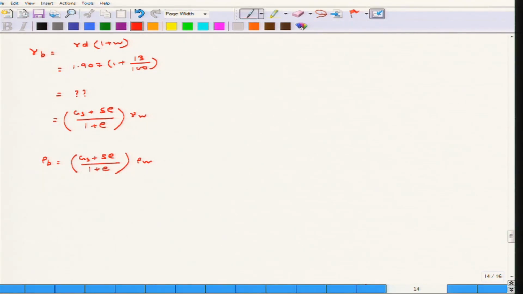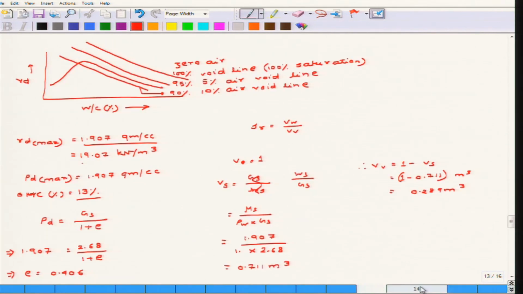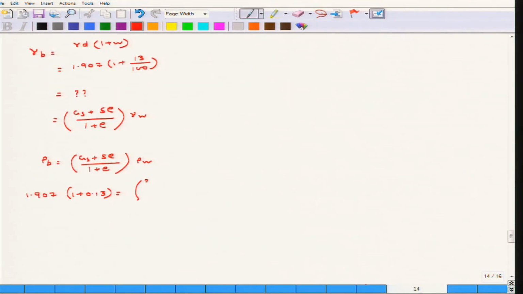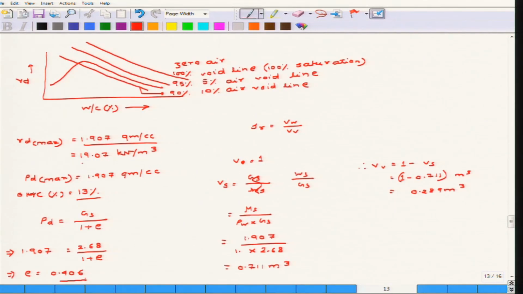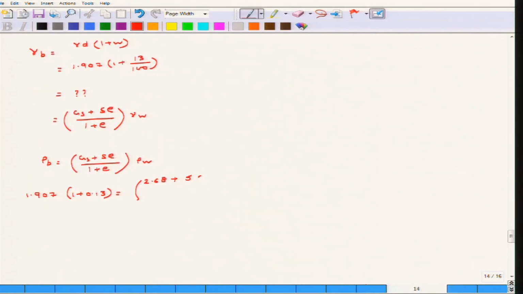Now, rho bulk is already known to us, rho bulk is 1.907 into 1 plus 0.13, and this Gs is 2.68. So, 2.68 plus Se, where e is known at that point, which we have calculated as 0.406, so 1 plus 0.406, and density of water is known to us as 1 gram per cc.